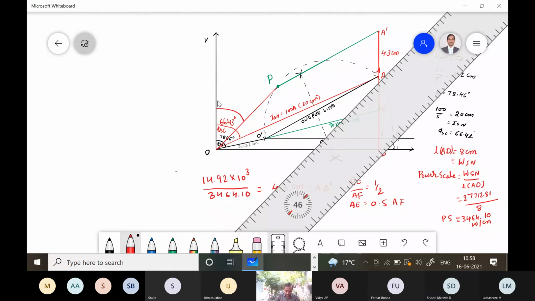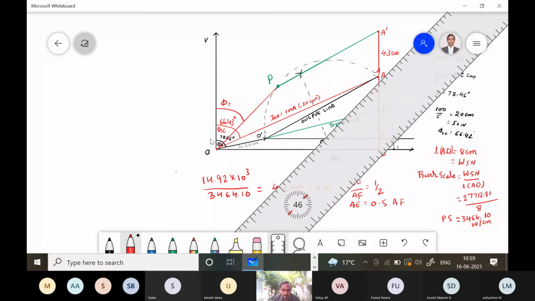OP 32 degree. 34 degree you will get. Measure the angle from the y axis. Yes, sir. This angle in between is called angle phi between voltage and current vector.